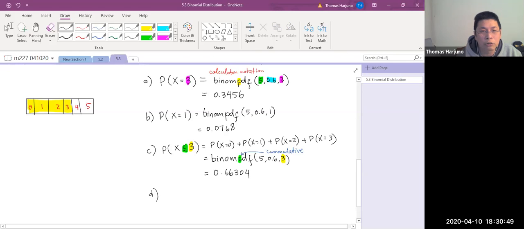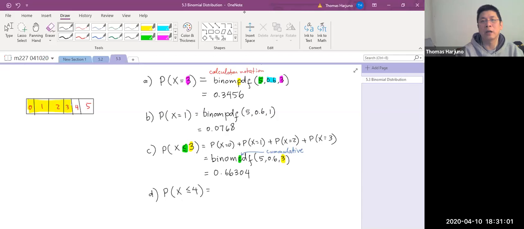Now then, how about you try the probability that X is at most 4. You write the calculator notation first, and then write the result from your calculator.